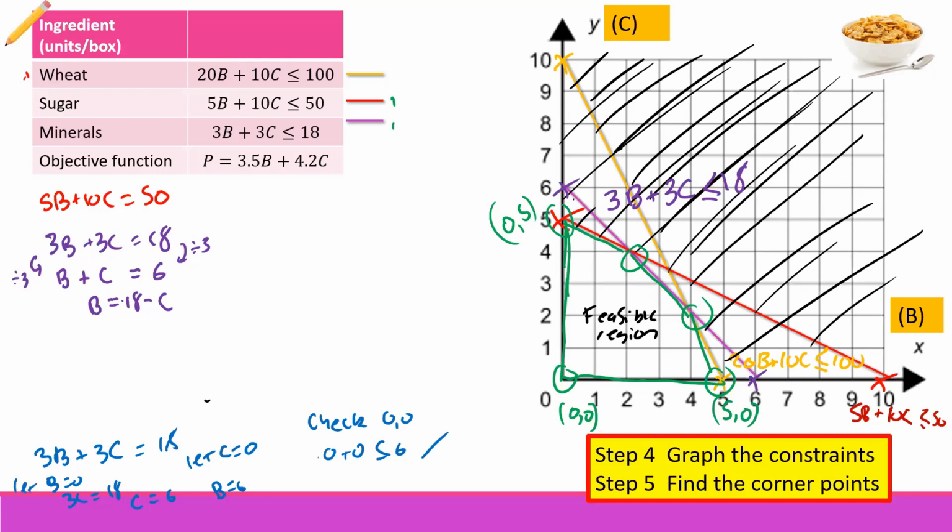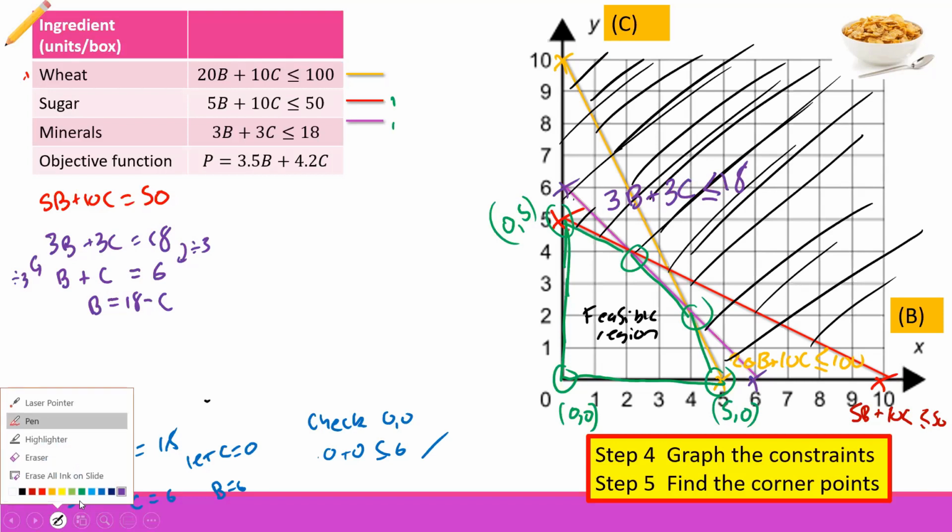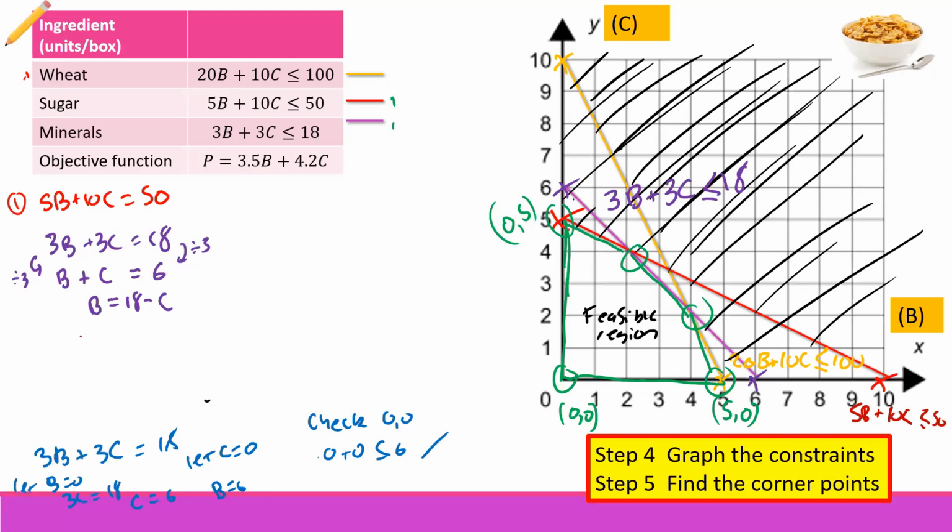So that means I now have 5 times 18 minus c plus 10c equals 50. 5 times 18 is some number.